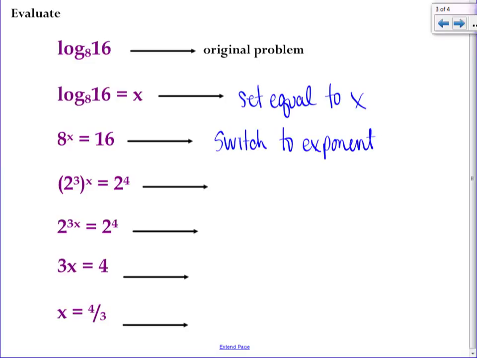Having these steps is going to help you when you get to the homework. Then what did we do? Turn to base numbers. I told you these base numbers aren't going away.